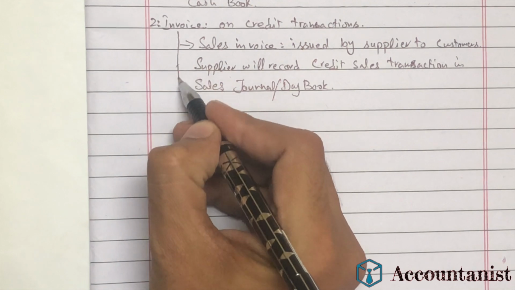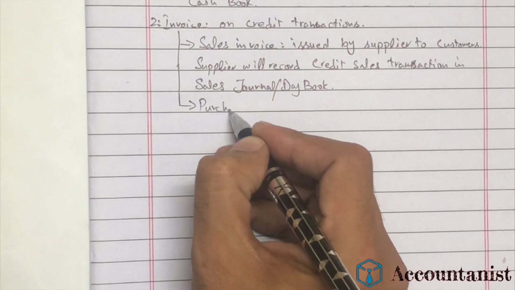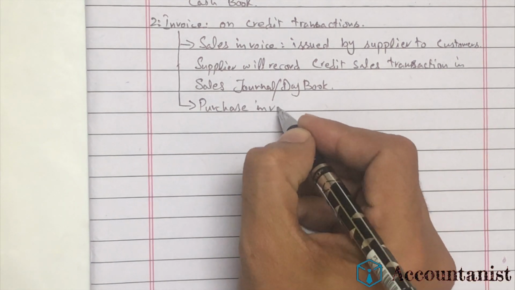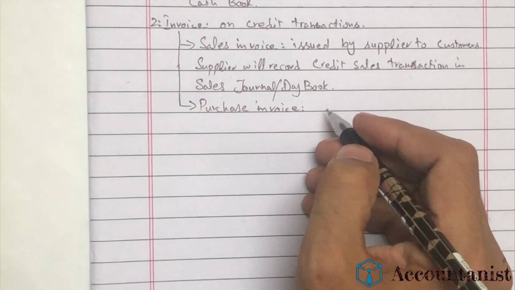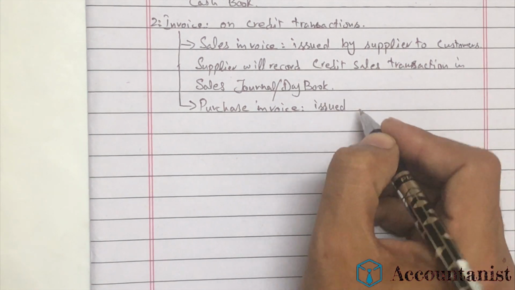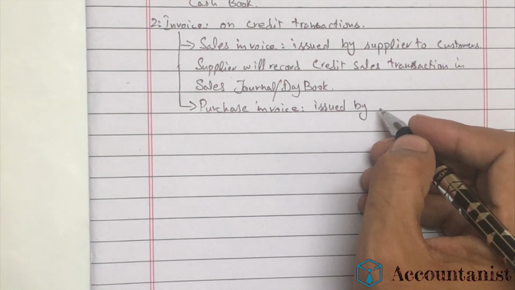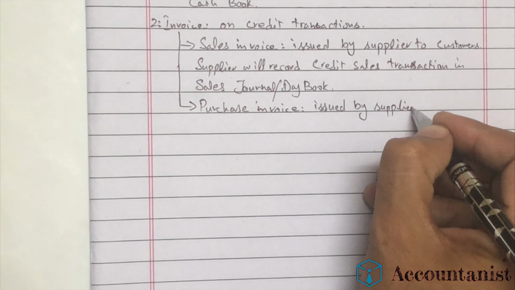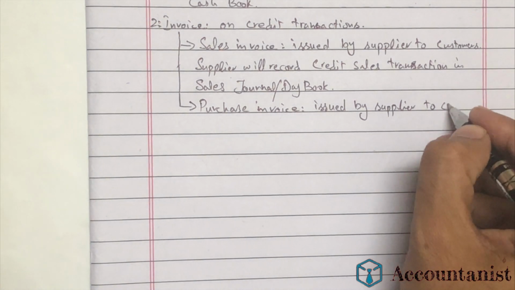The other perspective that we have is the purchase invoice. It's the same document as I told you earlier, only from the purchaser's, meaning the customer's, perspective. Again, the purchase invoice is issued by the supplier to the customer. It doesn't mean it's issued by a customer.